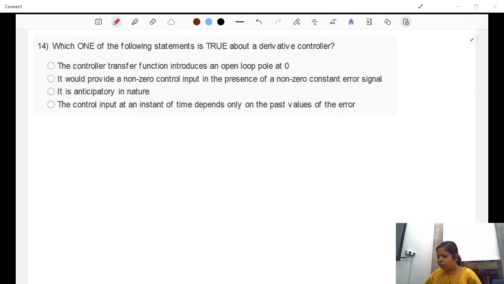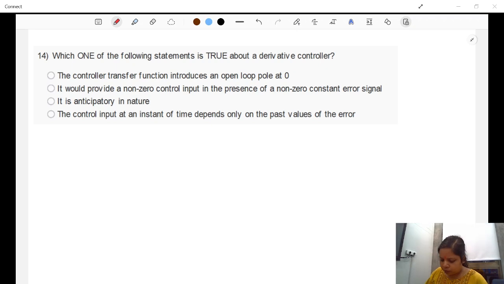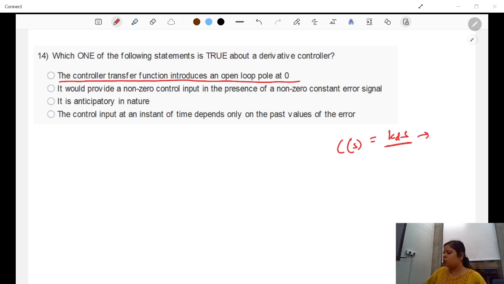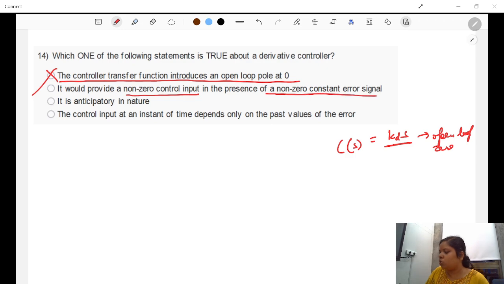Now, which of the following is true about the derivative controller? Does the derivative controller introduce an open loop pole at 0? See, Cs was Kd into s. This introduces an open loop 0 and no pole, because s is not in the denominator. So this statement is wrong because it says pole. It would provide a non-zero control input in presence of a non-zero constant error signal.